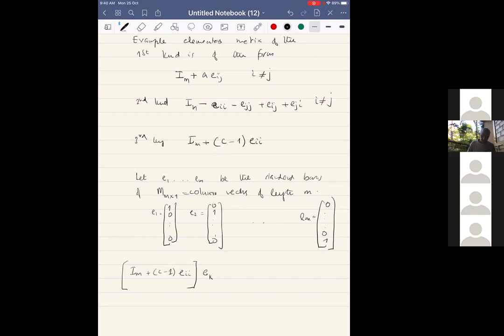Watch out, there are two different kinds of E's here. This is an M cross M matrix, part of a basis of M cross M matrices. This is a column vector, part of a basis for column vectors of length M, and the result is going to be a column vector of size M.